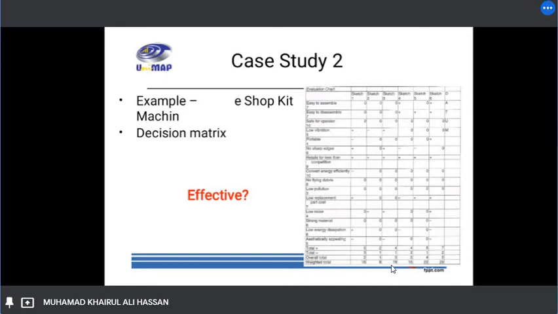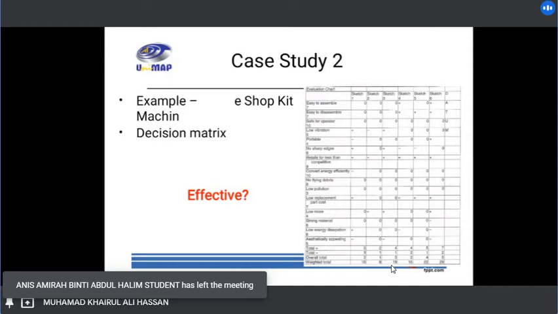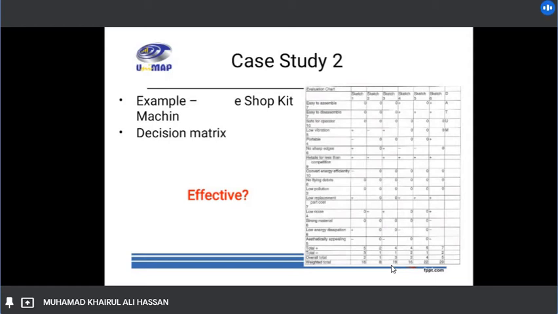But if we count how many positives, for example, sketch 1 has only 4 positives, but if we consider the rating for each positive, maybe the first positive has a rating of only 1, maybe the second positive 2. So it depends on the rating too. So you need to consider the rating.